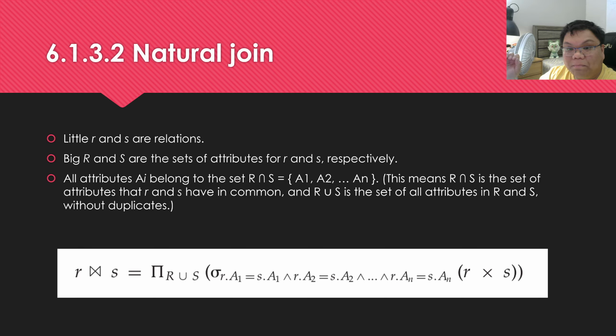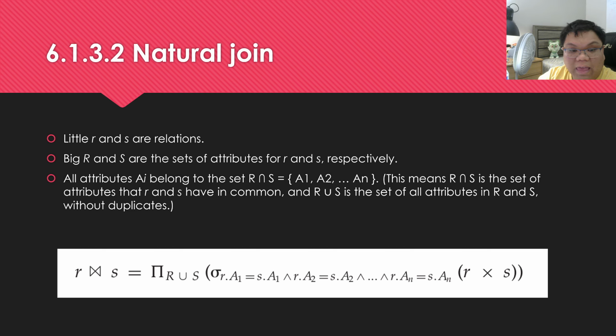When we perform the Cartesian join of little r and little s, and they have m attributes for R and n attributes for S, we get a relation that's going to have m plus n attributes. But some of those attributes are going to be the same. So the natural join of R and S will typically have fewer attributes than the Cartesian join of R and S, and that's because some of the attributes are literally the same.